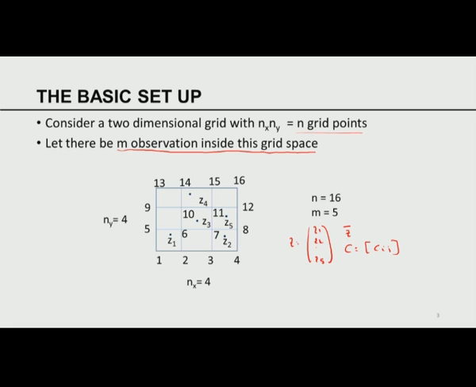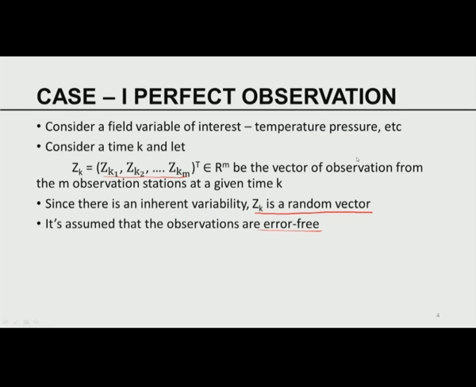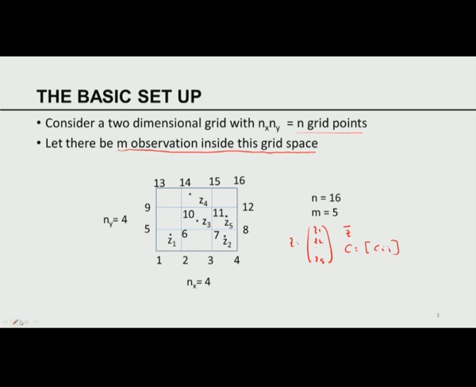So let us look at the station. Let us take the time series of observations. If I bring in the time now, Z becomes Zk. Zk is equal to Zk1, Zk2 up to Zk5.